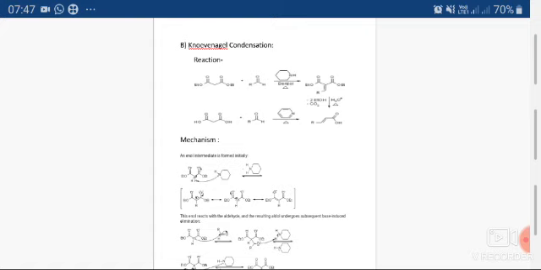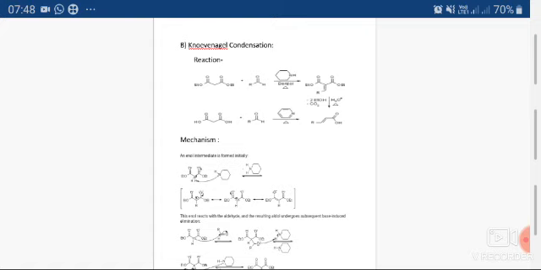So one of these two protons can be abstracted by the mild base, that is secondary amine base, and there is formation of a carbanion. Now this carbanion undergoes delocalization and forms an enolate.